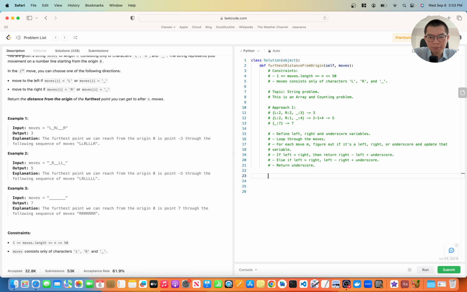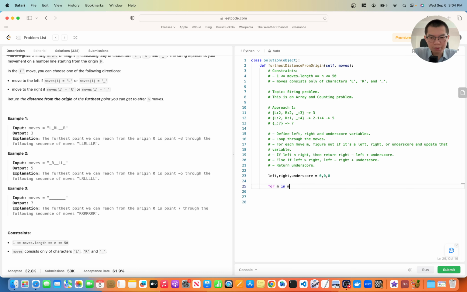Let's try it. So you have left, right, under equals 0, 0, 0.